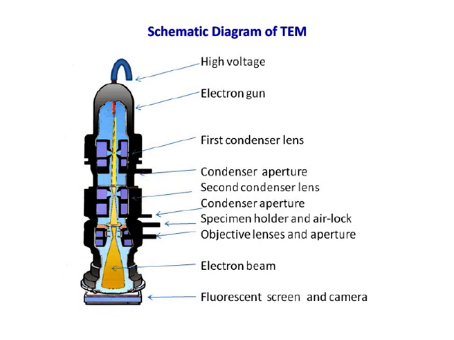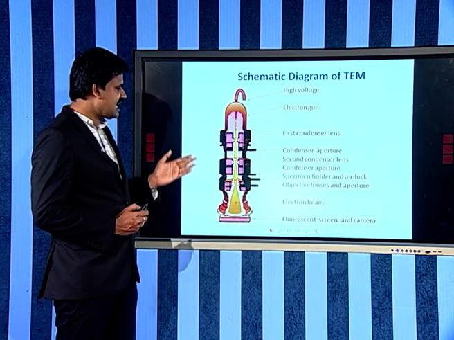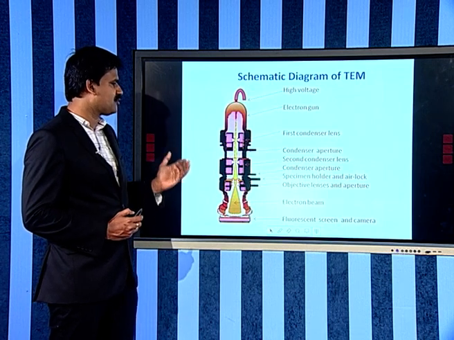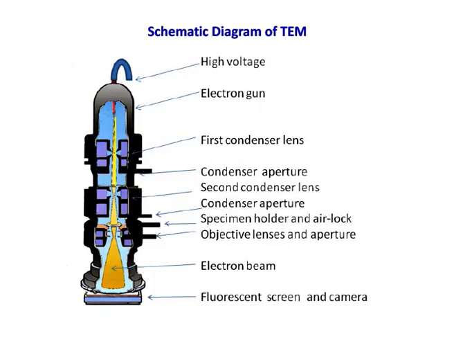In between these, condenser apertures are present. A specimen holder and airlock device is also associated. Then there is the objective lens and again one more aperture. The electron beam transmitted from the sample is detected by a fluorescent screen and camera which is placed beneath the sample.